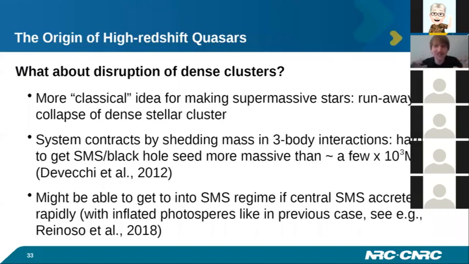So the idea is, as you bombard this central object with stars as the cluster contracts, if it's accreting rapidly enough, it may actually inflate, much like a more typical atomic cooling halo rapidly accreting supermassive star. This is going to make it a much bigger target for sweeping up, a much larger cross section for sweeping up other stars in the cluster.